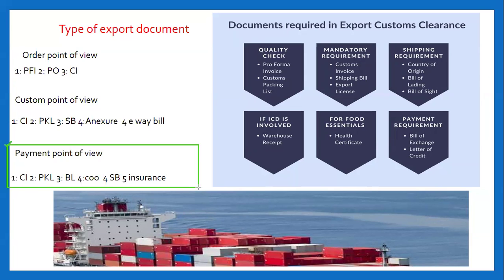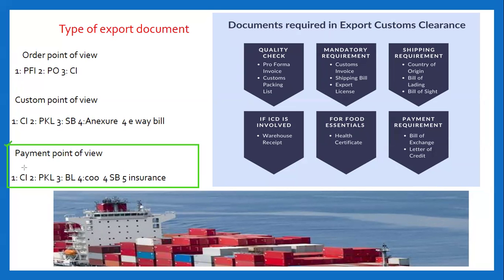After this stage the goods will reach the seaport, and the shipping line will provide you the bill of lading. Here you need to submit the proof of export documents. How will the importer know that you have dispatched the goods, so that he makes payment as per the payment terms? For this you need to submit the documents called proof of export.